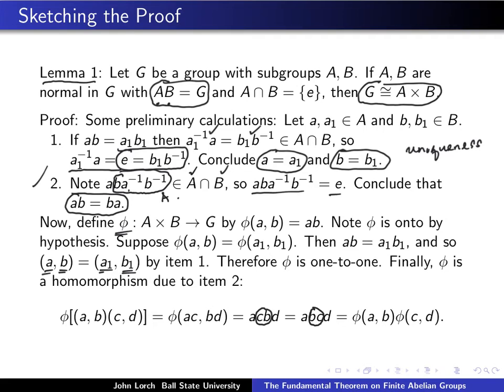But then once we have that, we see that that's phi of AB times phi of CD. Therefore, phi of the product was the product of the phis, and so this function phi is a homomorphism. So if you put all of that stuff together, the onto, the one-to-one, and the homomorphism, you get that phi is an isomorphism, which establishes that G is isomorphic to A cross B.